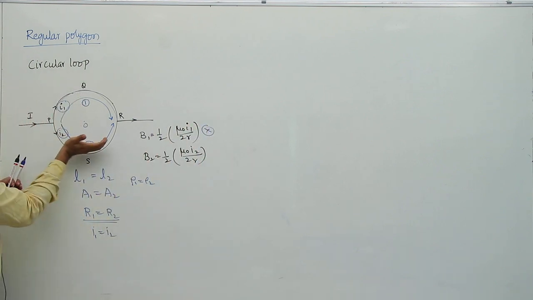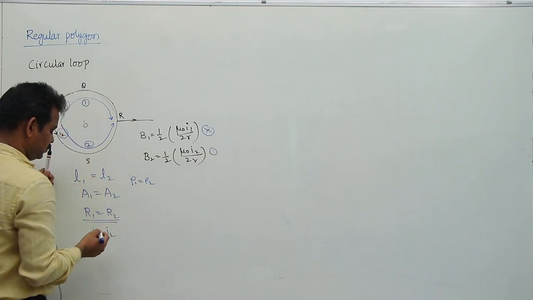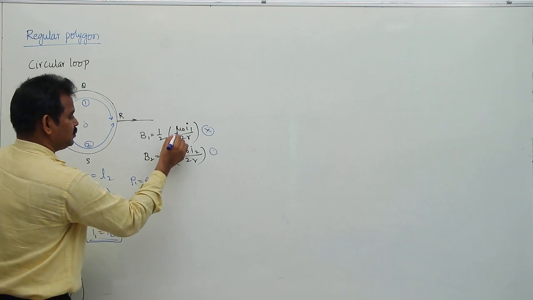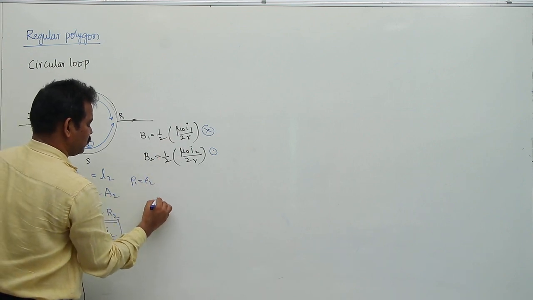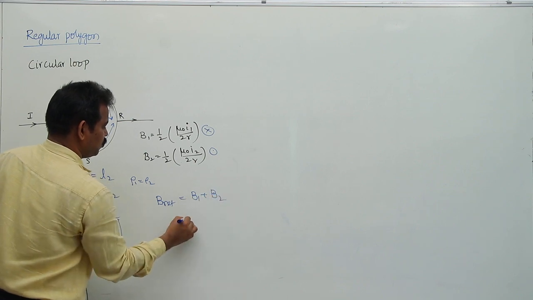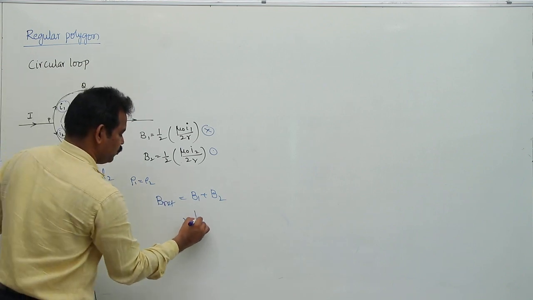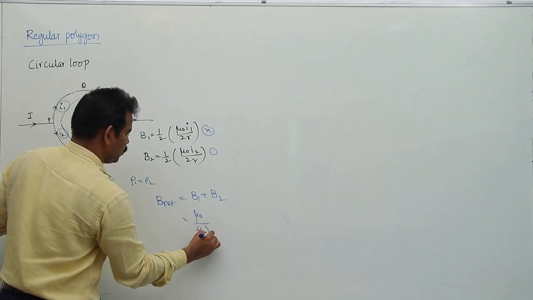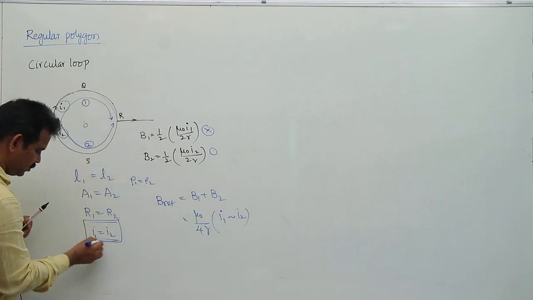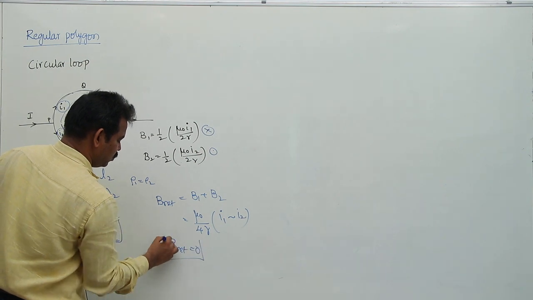Here magnetic field due to this current is outside the board. Now we just found that I1 is equal to I2. So to find the net magnetic field, this is given by B1 plus B2. Now you can take mu naught by 4r common, times I1 minus I2. But you know I1 is equal to I2. So the net magnetic field in this case is also equal to 0.